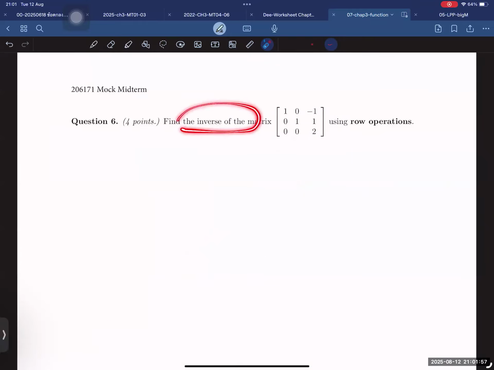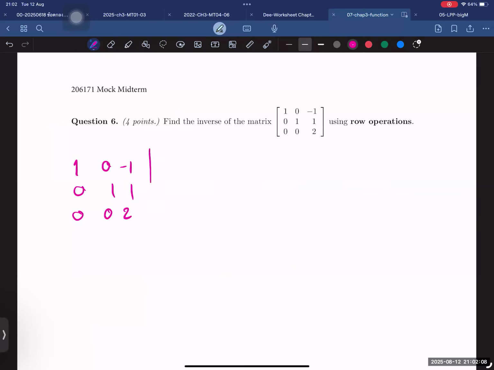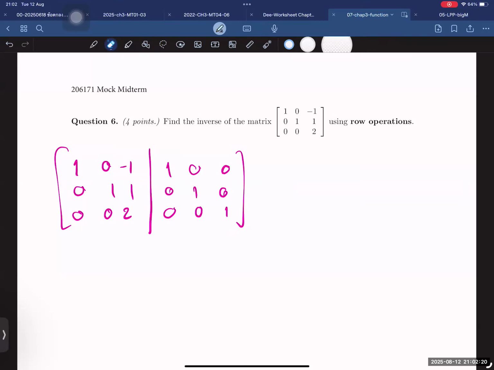This one, find the inverse using row operations. Okay, simple, right? So we can have 1, 0, minus 1, 0, 1, 1, 0, 0, 2, augmented with the identity. And you can do some row operations.